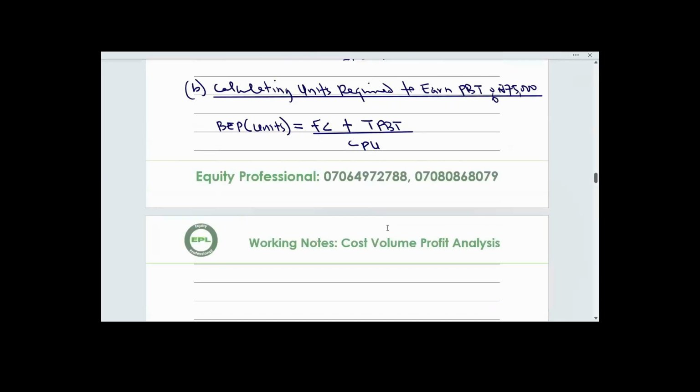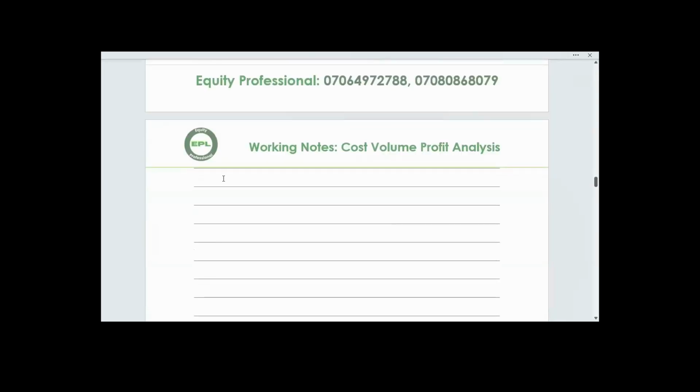So in this case, my break-even point in units to earn a targeted profit of 75,000 will be calculated as fixed cost of 972,000 plus targeted profit of 75,000 over contribution per unit of 5 naira.